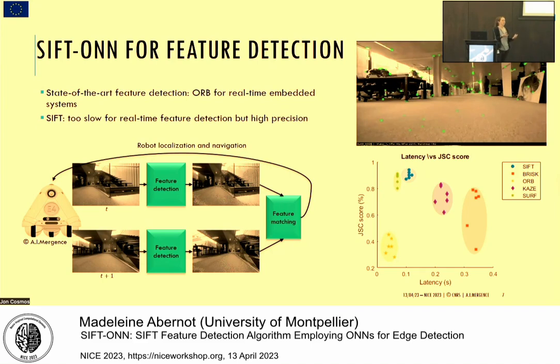In robotic navigation, feature detection is often used to detect features in different frames of the image. By matching the features, you can get the movement of the robot, and it helps for navigation. We looked at this problem, and it turns out the state of the art for robotic applications is ORB feature detection, because it's really fast.